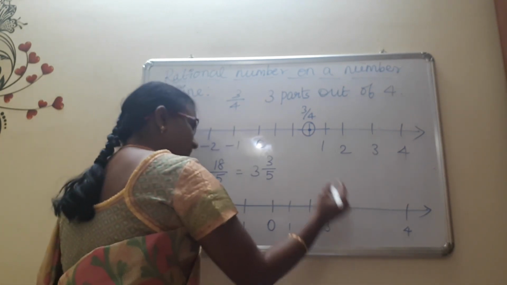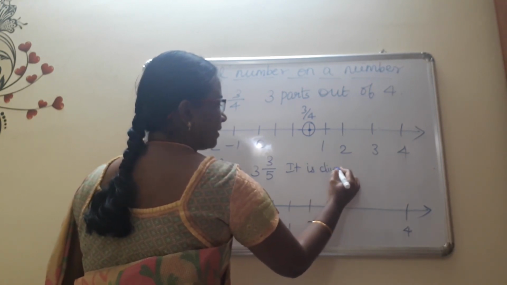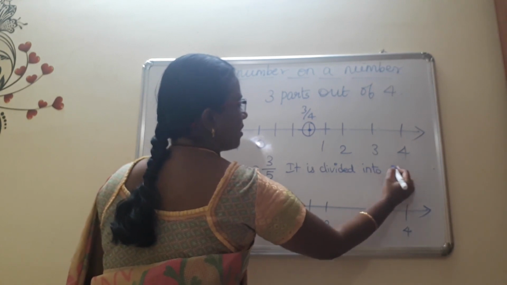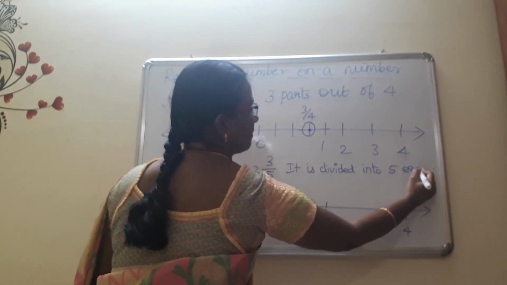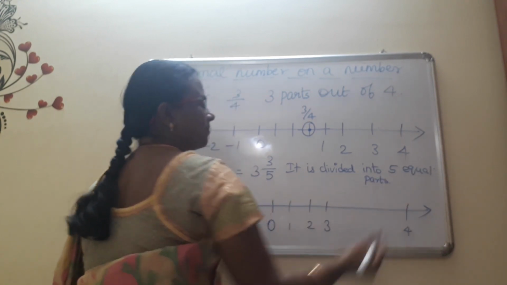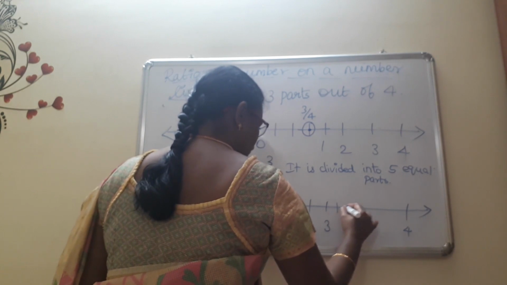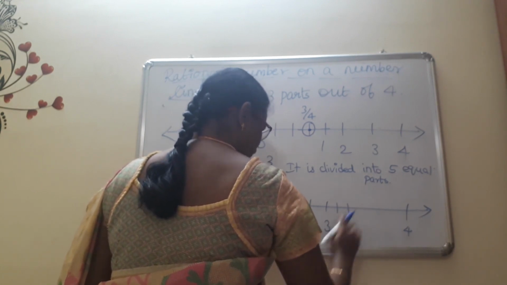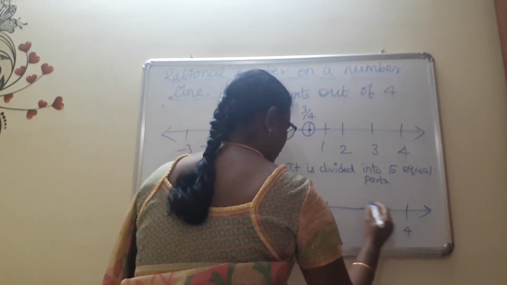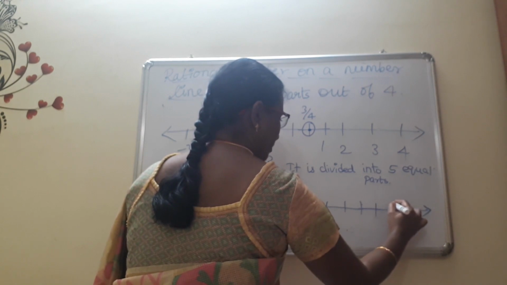It is divided into 5 equal parts. So 1, 2, 3, 4.